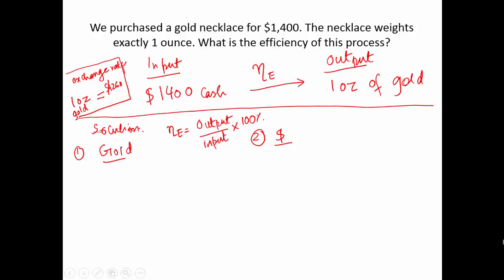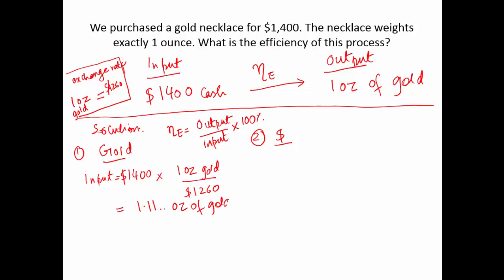Okay, so we know the conversion rate. We know our input is $1,400. And if you try to convert it into gold, you have to multiply by 1 ounce of gold over $1,260. So that gives us 1.11 ounces of gold. That's our input.